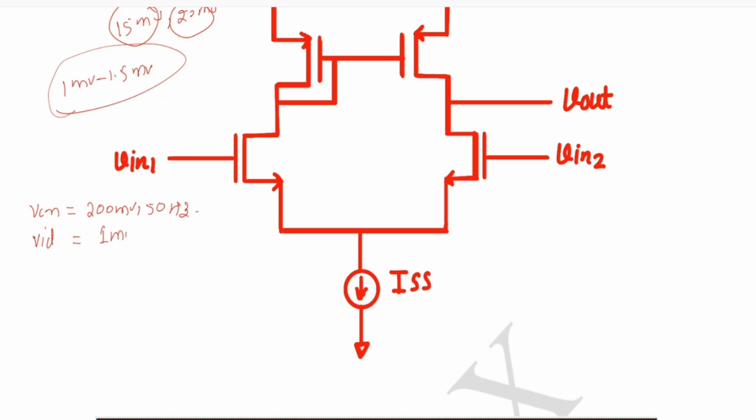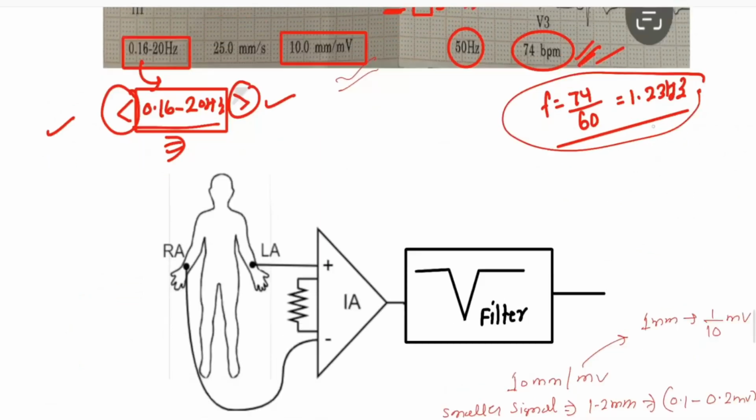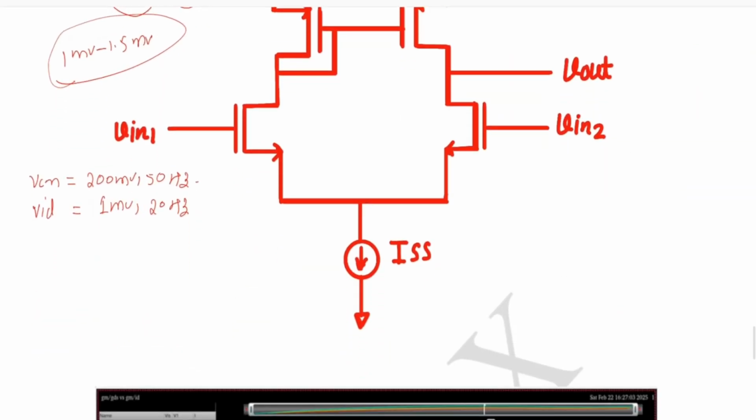Suppose I'm taking 1 millivolt at a frequency of 20 hertz. It's not actually 20 hertz, it's much more or less, as we said here 1.23 hertz, so I'm just taking a higher frequency.